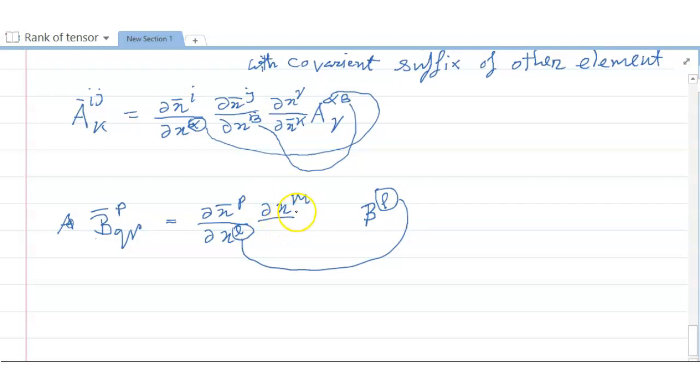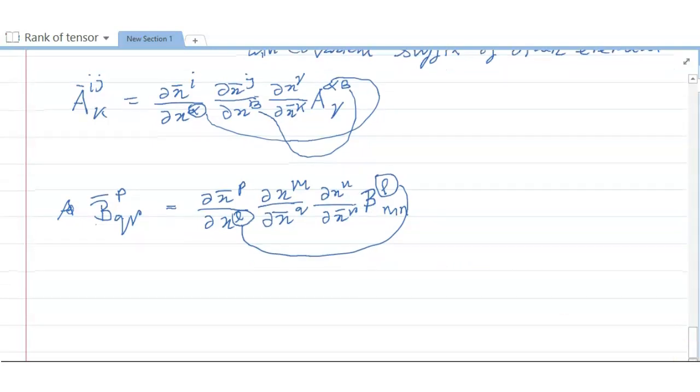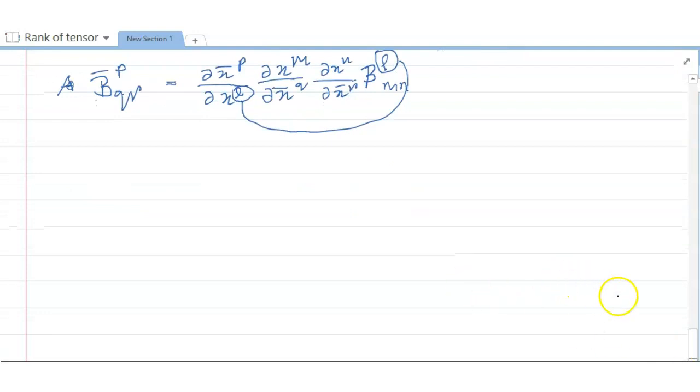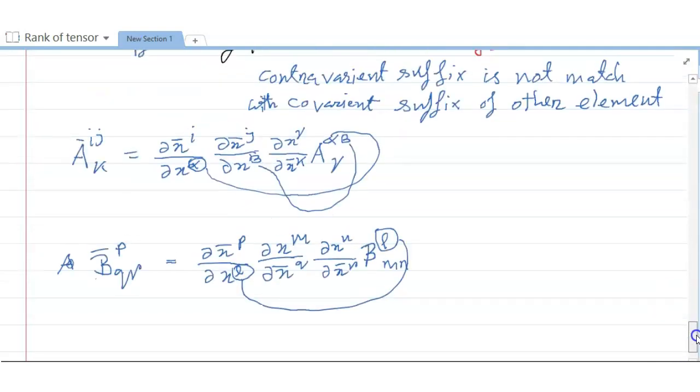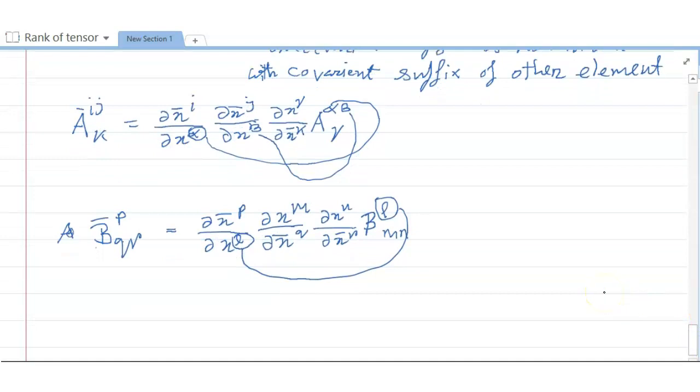So my target is m n, so it is m, and here is q, so the dummy index is m, so I have to write x bar q and del x n by del x bar r. So friends, I hope I can clear this concept. It is very easy, not so tough, but you have to look at the orientation, friends. This orientation is very important.